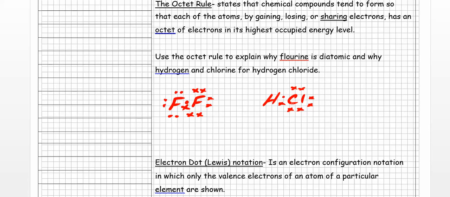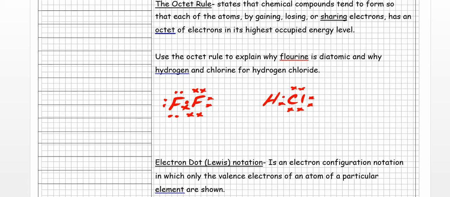It feels as though it has 2 electrons surrounding it. Now those 2 electrons are all hydrogen needs to be happy. Chlorine needs 8, and it feels as though it has 8. The 7 that it contributed plus one more from the hydrogen. So both of these are covalently bonded compounds. In both of these, there's a sharing of electrons, okay?